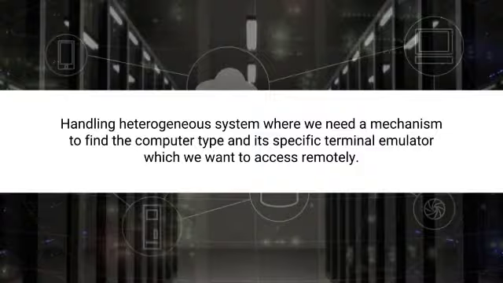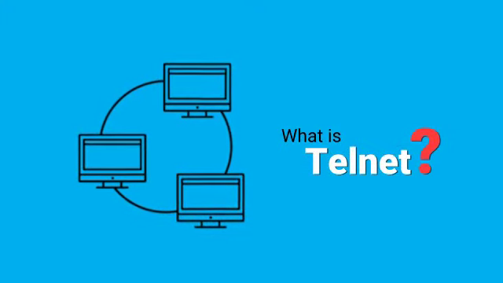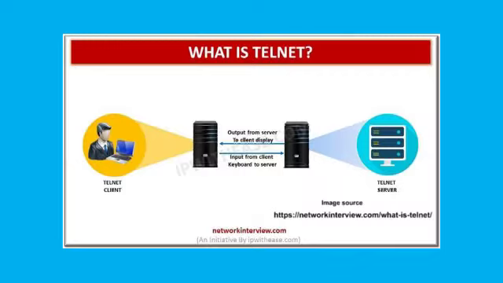Now, this is a typical example. What we have just gone into is a pictorial view of the Telnet. So you can see here that one is a client and another is a server in the Telnet platform. When you are working as a client, you have to get connected to the server.